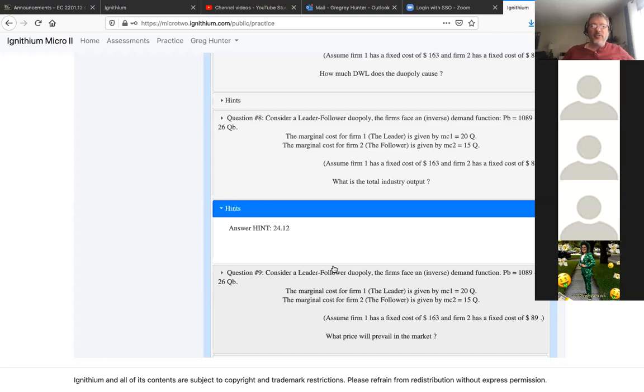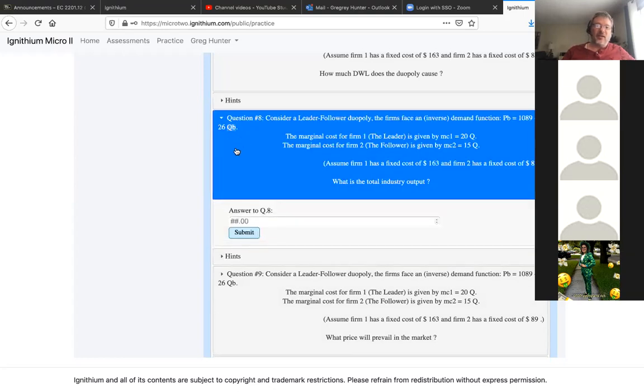For the total quantity in the demand function, you substitute in Q1 and Q2, so you'll have P equal to 1089 minus 26 Q1 plus 26 Q2, and then for the Q2 you substitute in the reaction function for firm 2, so it would be 26 times 16.25 minus 0.388 Q1 all together.